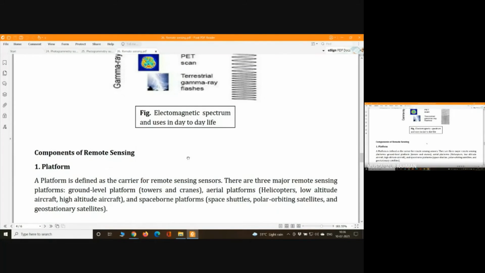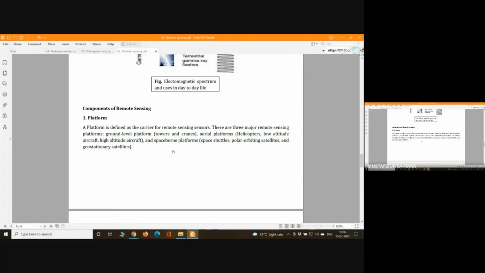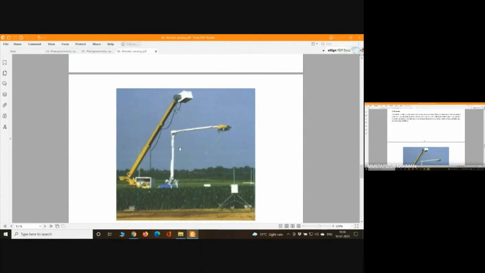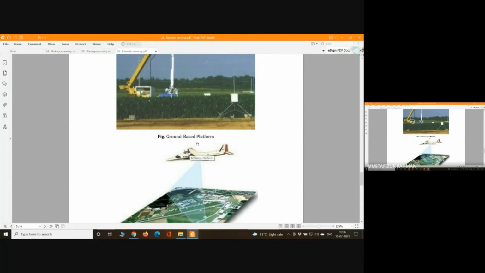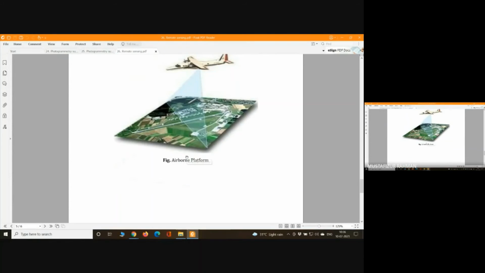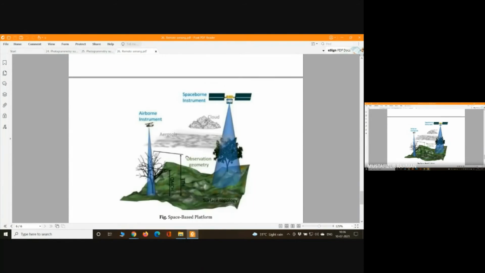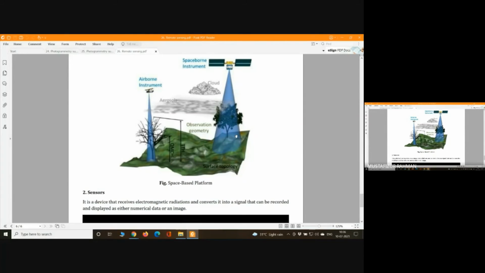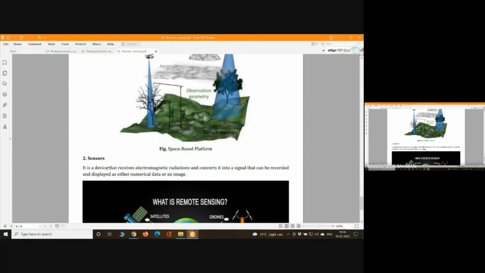Then the components of remote sensing. What will be the different components in remote sensing? There will be a platform which is carrying the sensors. This is ground based. There can be an airborne platform also, which is carrying the sensors. There can be satellites also. Now, what are the sensors?